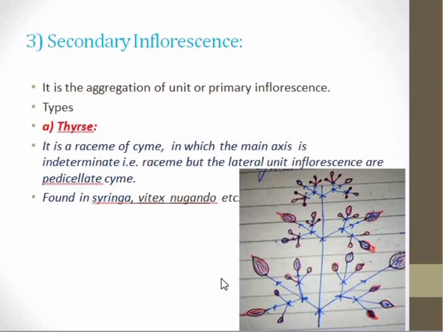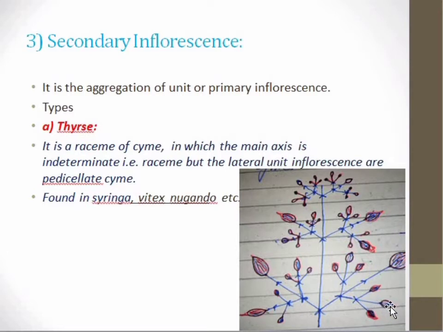Now secondary inflorescence. What is secondary inflorescence? It is the aggregation of unit or primary inflorescences. In secondary inflorescence, unit inflorescences aggregate together, forming a structure known as secondary inflorescence. Look at this structure. This is the primary inflorescence, like a cyme.